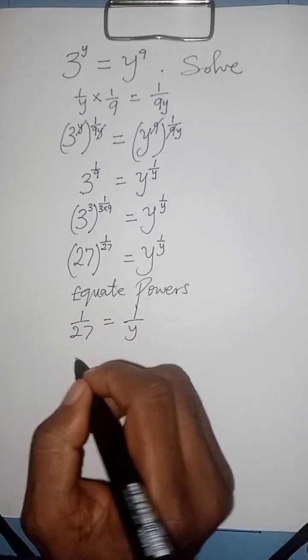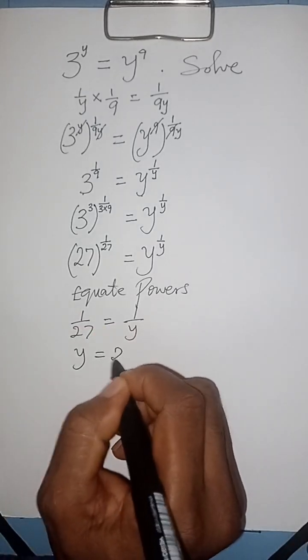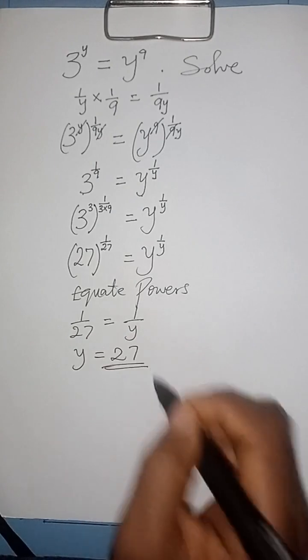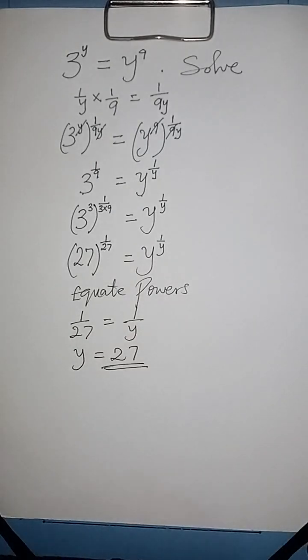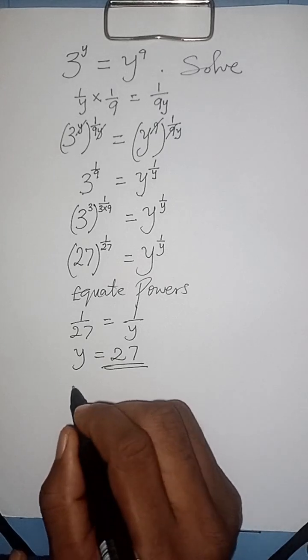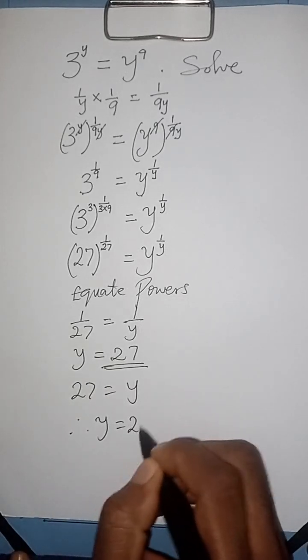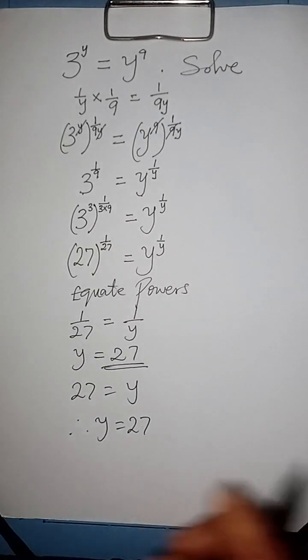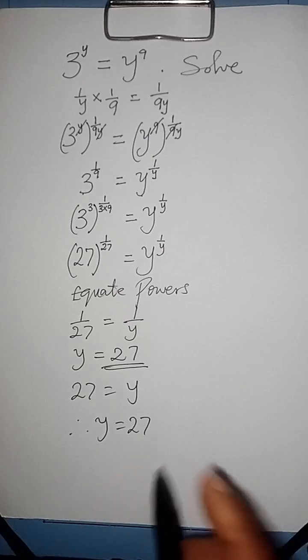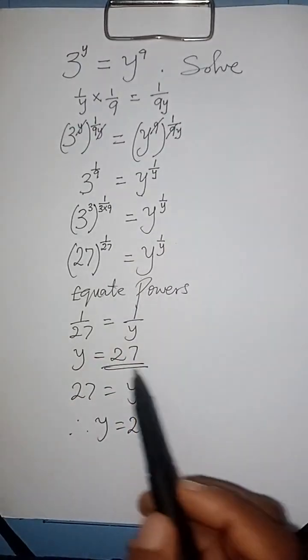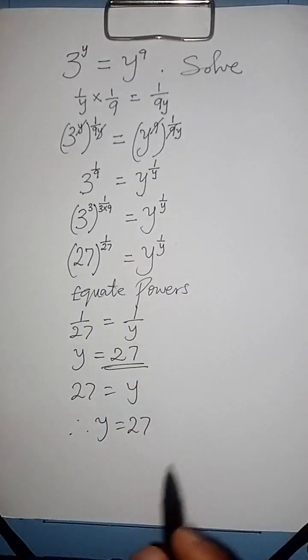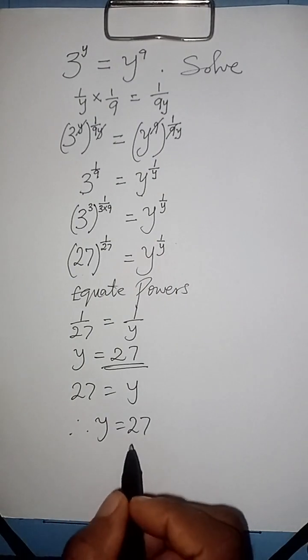If you cross multiply, y will be equal to 27. So this is what we're looking for. If I decide to equate the base, it will be 27 equal to y. So therefore, y equals 27. Anyone you decide to do gives you the same result. Either you equate the powers or you equate the base. So y is equal to 27.